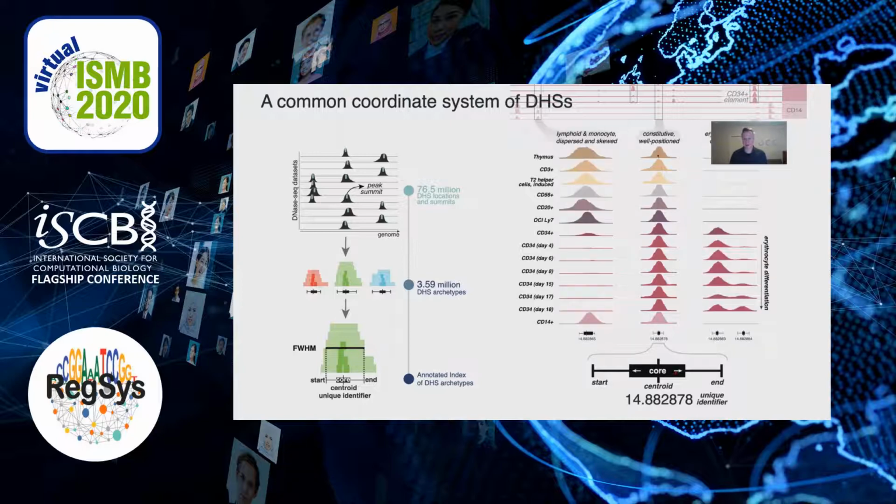This works quite well for the very clean cases, but it also works quite well for the less clean cases, such as these DHSs that show a much larger dispersion, or even are a little skewed relative to each other across data sets. So we still get this nice start and end position. We just get a larger positional variability reflected in the wider core region.